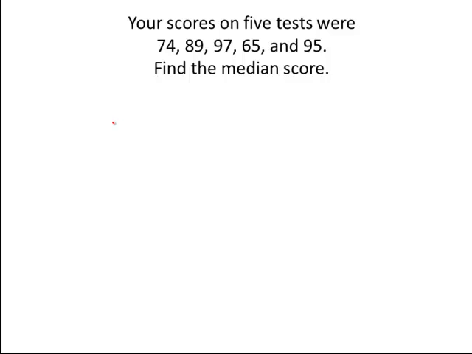So that list would be 65, 74, 89, 95, 97. Now, since there are 5 numbers in our list, the middle would be the third. So our median is 89.